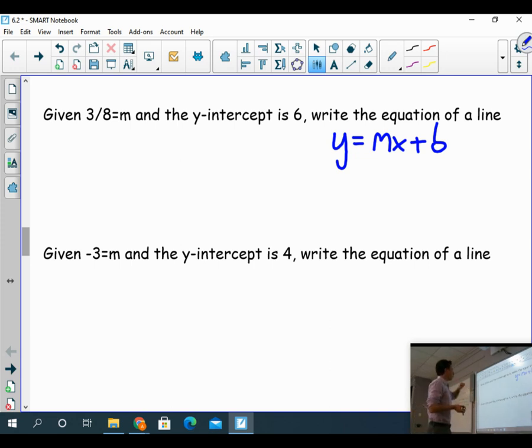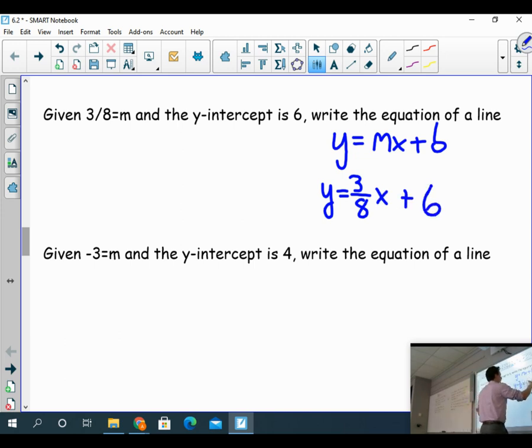Well, in this case, we see the slope is 3/8. The slope is 3/8, and the y-intercept is 6. So my linear equation, given that slope and given that y-intercept, will be y equals 3/8 times x plus 6.